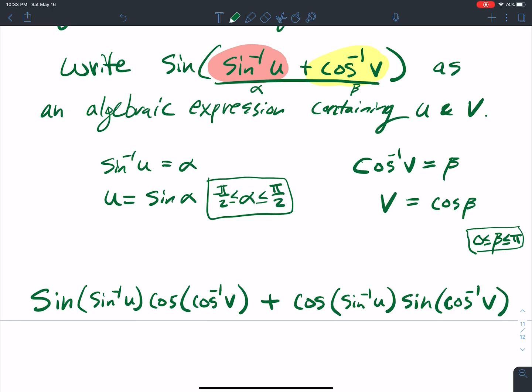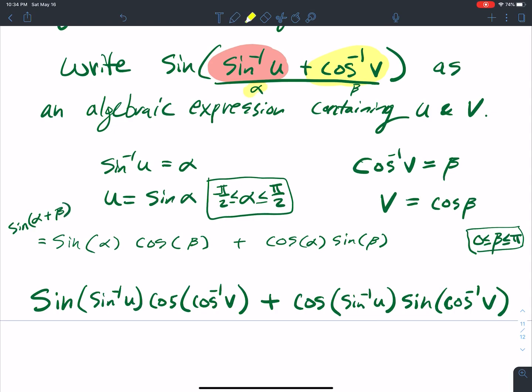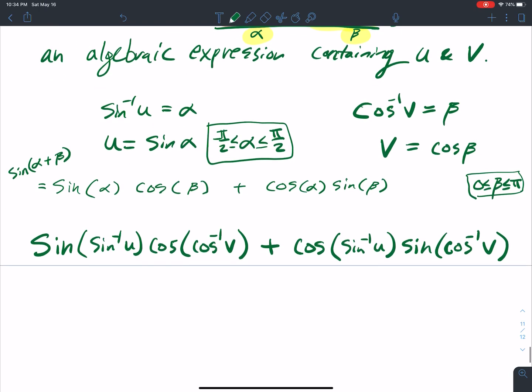So how do we do this? That's the question. And you might be asking yourself, where in the world did that even come from? Well, it came from the identity. If we were using alphas, it would look like this, which maybe you see now. So that's sine of alpha plus beta. See, we called these alpha and beta.